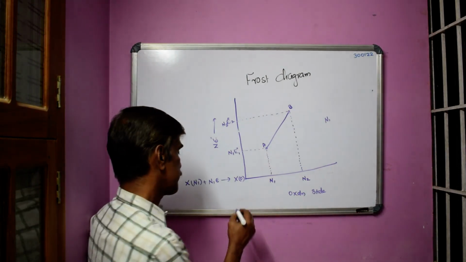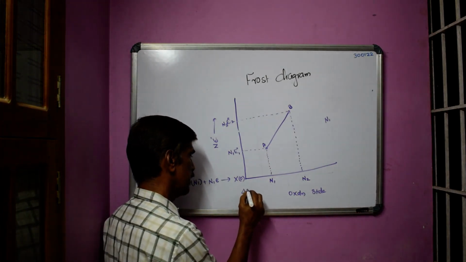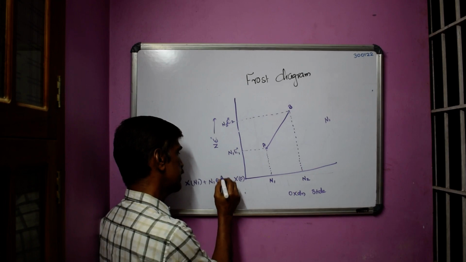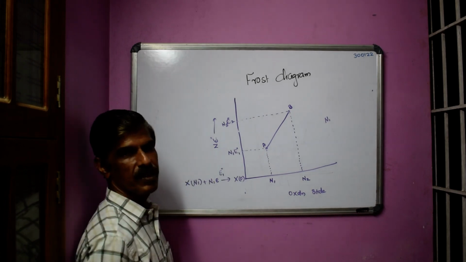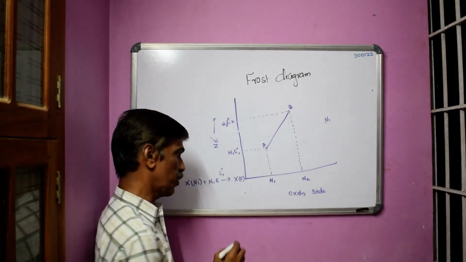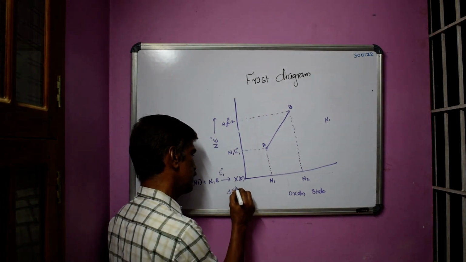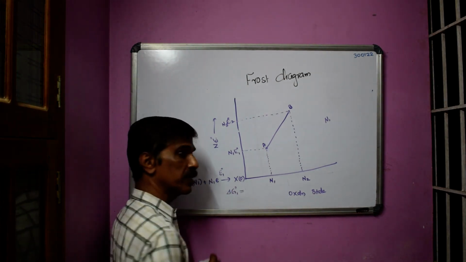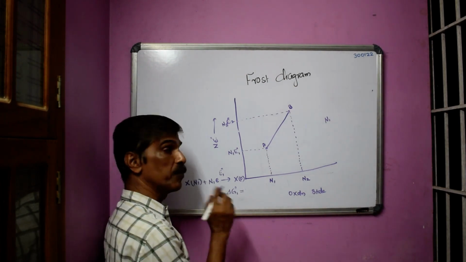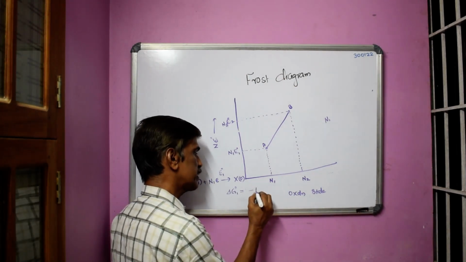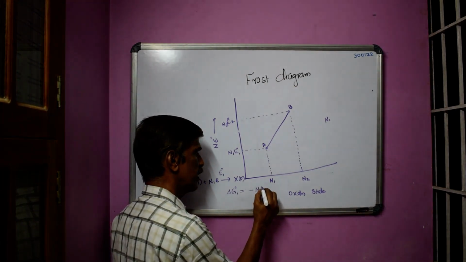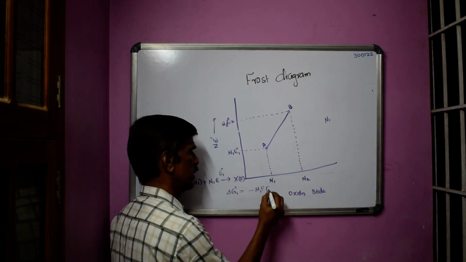If this has a redox potential of E1 0, then delta G 0 for that reaction will be equal to minus N1 F E1 0.